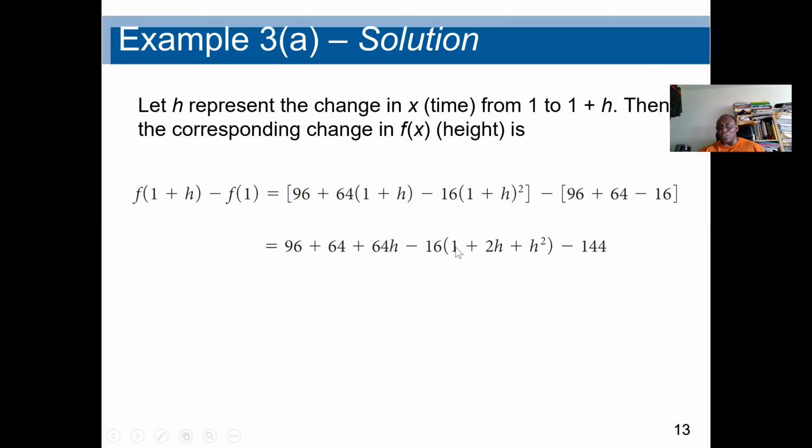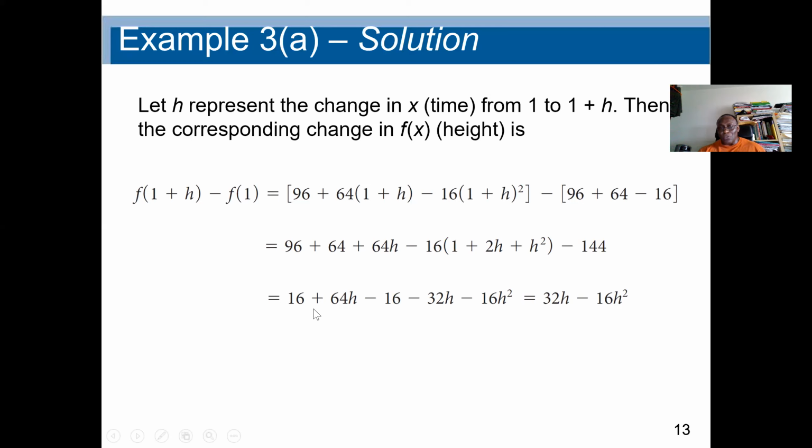And that's what we have here. 1 is 1 squared plus 2 times 1 times h, which is 2h, plus h squared. So we simplify all this. 96 plus 64 minus 16 will give me 144. So the next step now is to remove the parentheses here. So we get minus 16 minus 32h minus 16h squared.